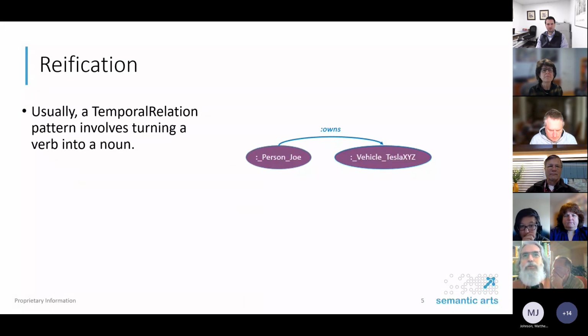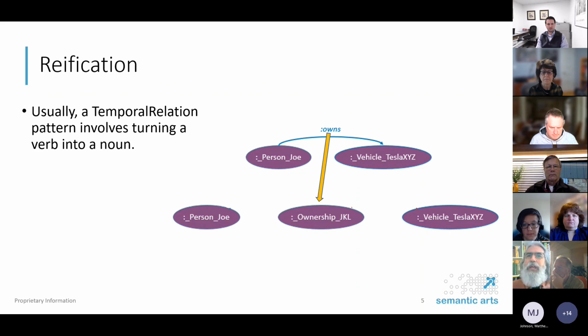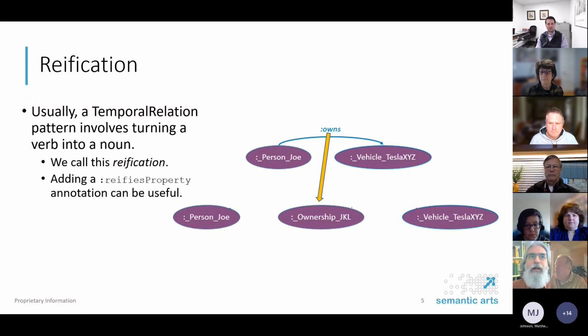So usually when we are going to create a temporal relation, we are turning a verb into a noun. In this case, we're changing owns into ownership. And we call this action on our part reification.